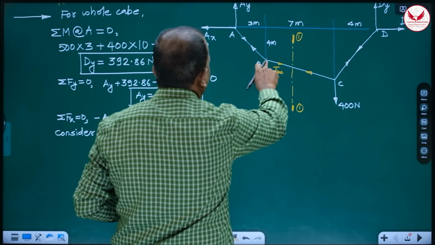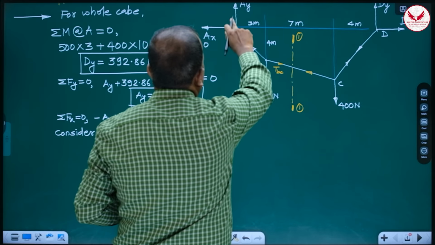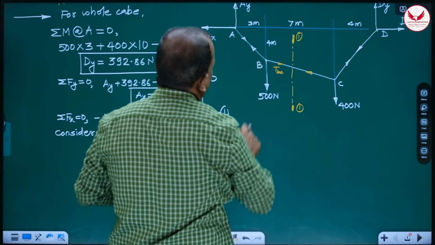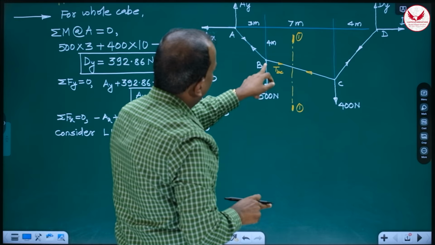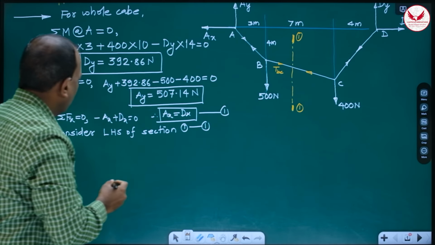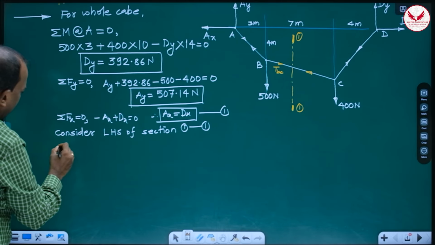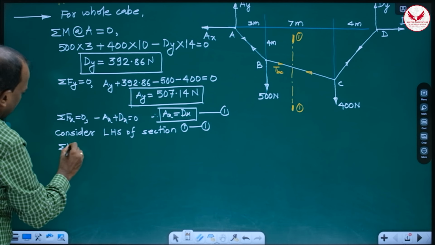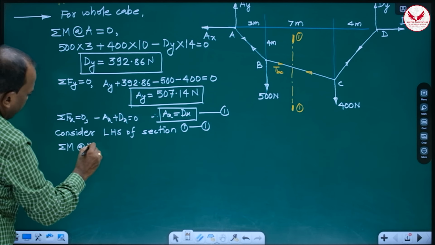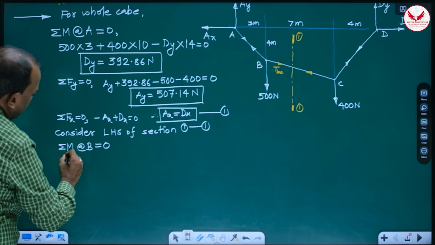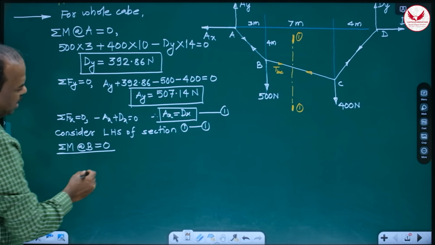If you take the moment at B, then we'll easily get AX. The moment of TBC and 500 at B is 0. So we'll take the moment, summation M about B equal to 0 in this left hand side portion.